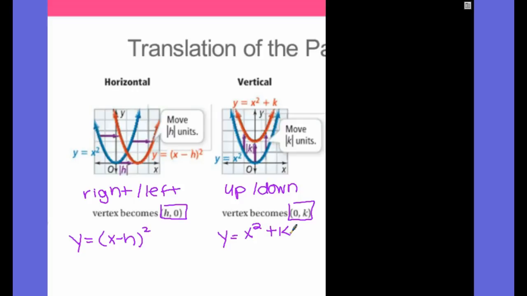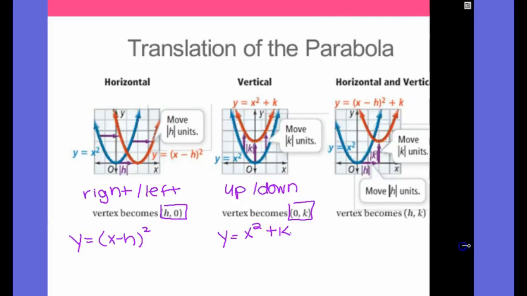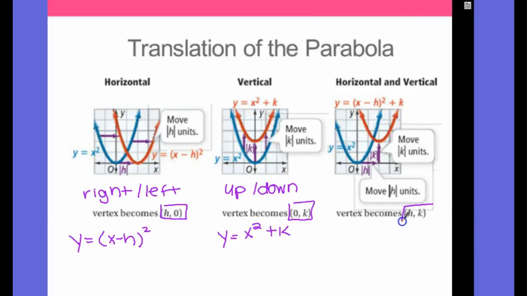Now, we know that life cannot be that easy and the movements aren't only just right, left, or up, down. Oftentimes, our movements are in both the horizontal and vertical direction, thus giving us the vertex of h, k, and making our equation the infamous a(x minus h) squared plus k.